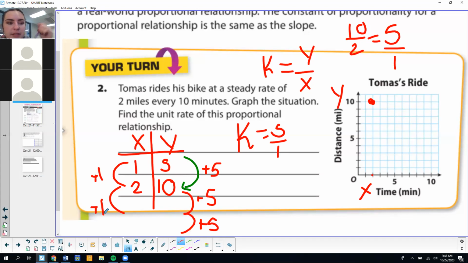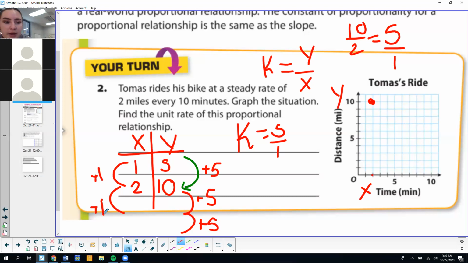And remember, unit rate means anything per 1. And this information can help us because if we know that for every 1 minute he is going 5 miles, we can figure out how far he goes in 20 miles, 2 miles, 6 miles, 800 miles. If he's going at that same pace, we can figure out how far he's going.